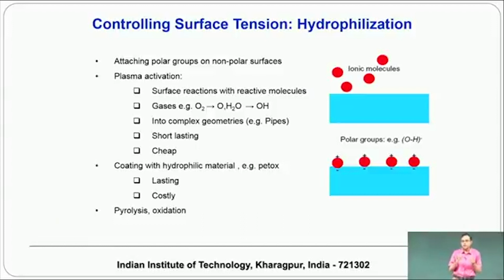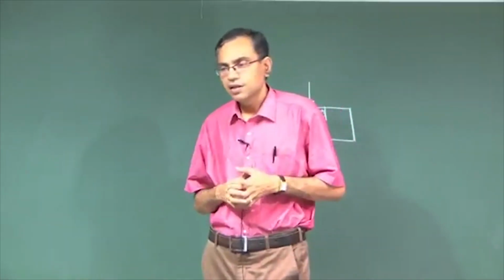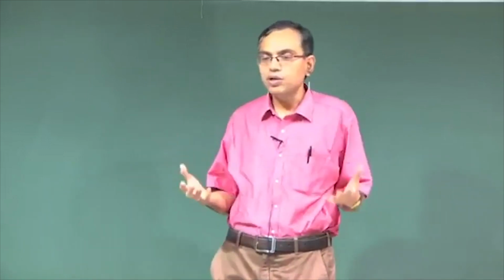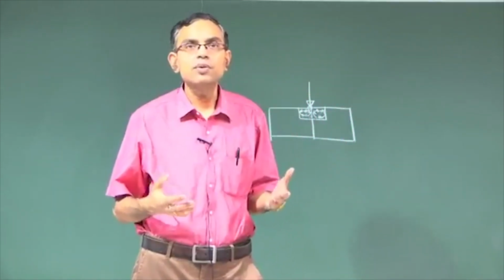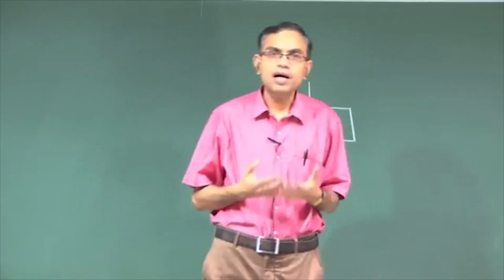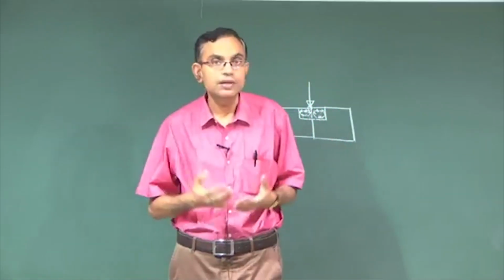Now, if you want to make them hydrophilic, what do you do? You can do a couple of things. It depends on what you actually want to do. Do you want the hydrophilic characteristic to be permanent, or do you want it to be temporary?